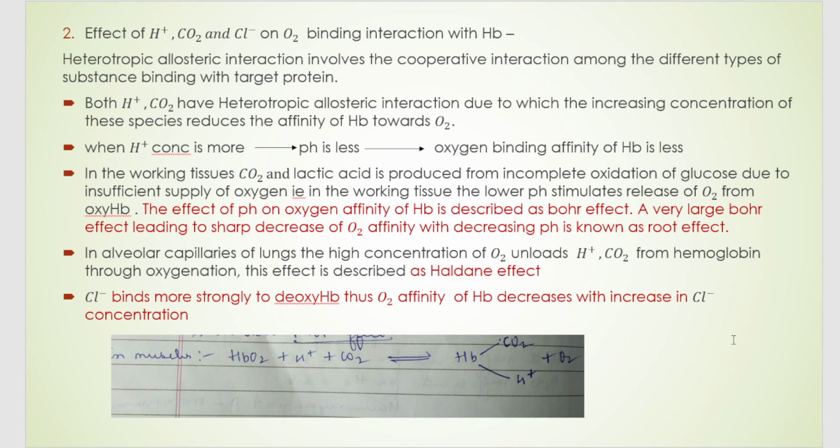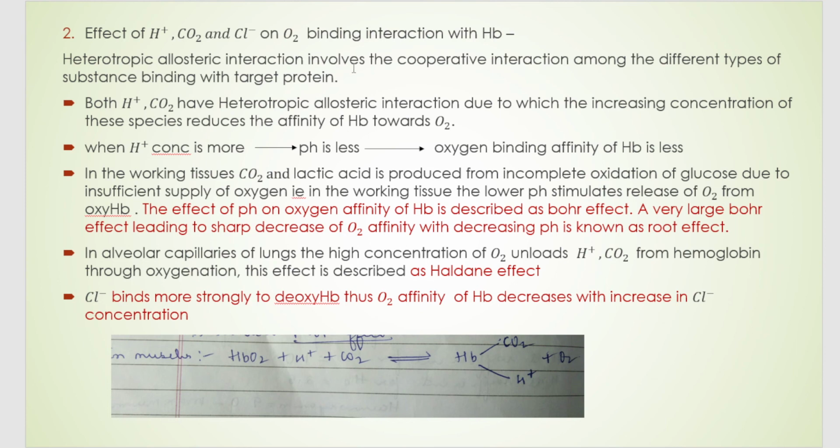Okay, so there one oxygen got bound, next it favored the binding of a second oxygen. Here one H plus will get bound and it favors the binding of a second H plus or CO2 also. It does not have to be H plus only, it can be some other atom or molecule. That is heterotropic, that is different atom or molecule.